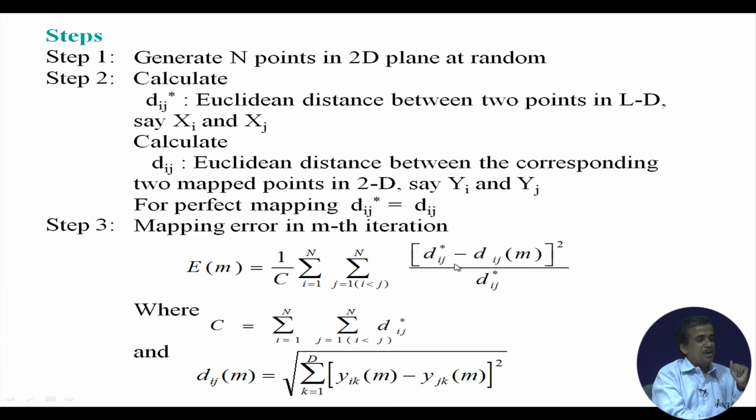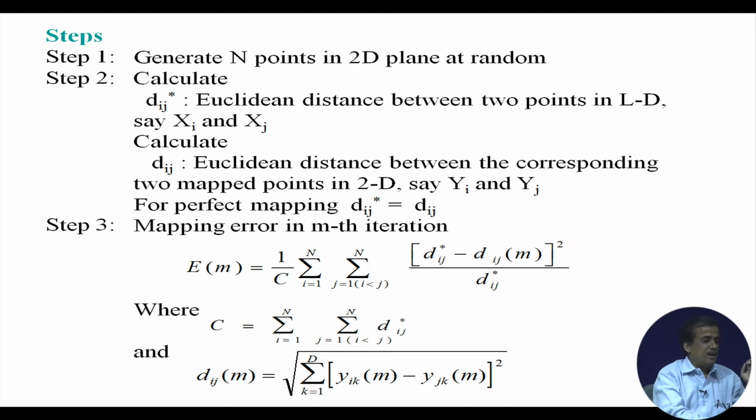The difference between Dij star and Dij m could be either positive or negative, and that is why we take the square of that, just to make it positive, divided by this Dij star, as if I am just going to find out the rate of change. This Dij star is known. So, this is the way Sammon represented this error at mth iteration.